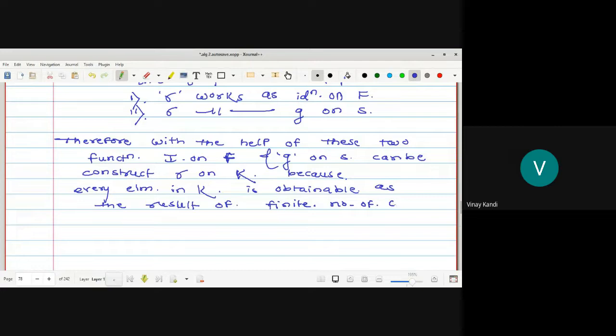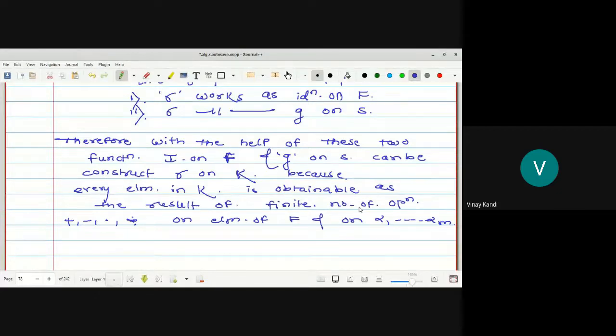Addition, subtraction, multiplication, and division, on elements of capital F and on alpha 1, alpha 2, and so on, alpha m. Every element of K we can obtain by elements of F and alpha 1 up to alpha m, because K is a splitting field of F of X. That is, K is equal to F of alpha 1, alpha 2, up to alpha m.